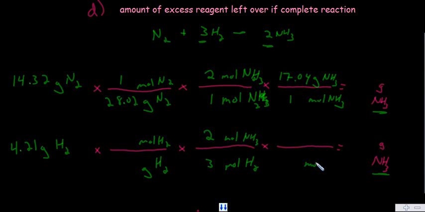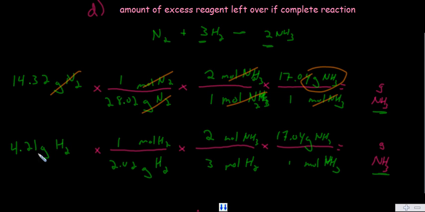And then we can also convert into grams of NH3, 17.04. 2.02, 1 mole. Okay, so you can go ahead and check that all of your units cancel out. Let's see, grams of N2, moles of N2, moles of NH3, leaving grams of NH3. Similarly, grams of H2, moles of H2, moles of NH3, leaving grams of NH3.